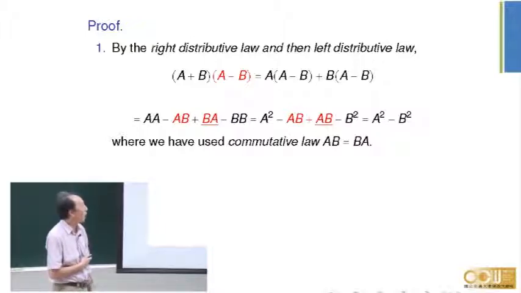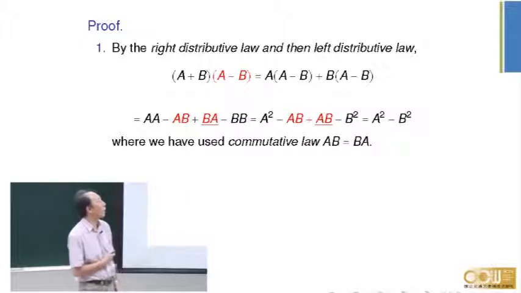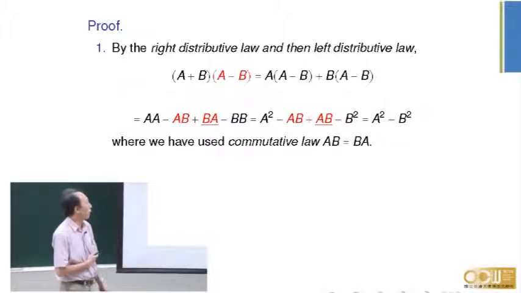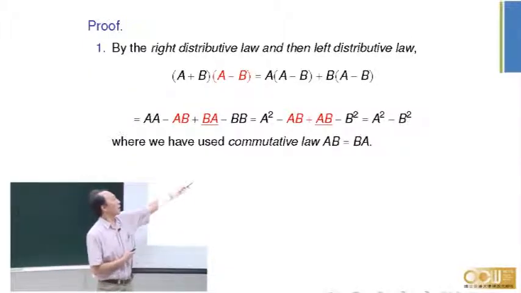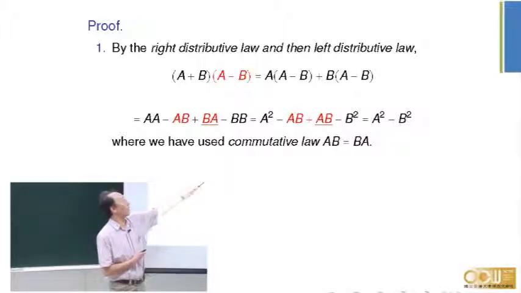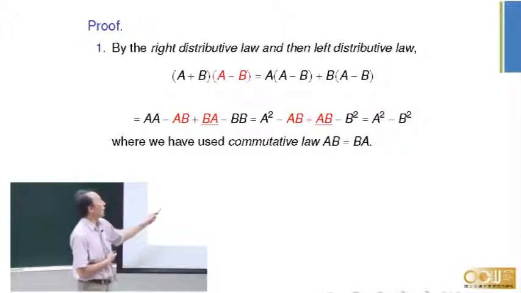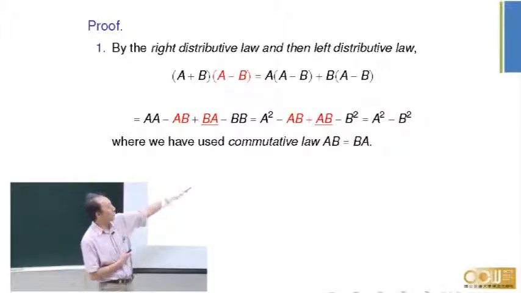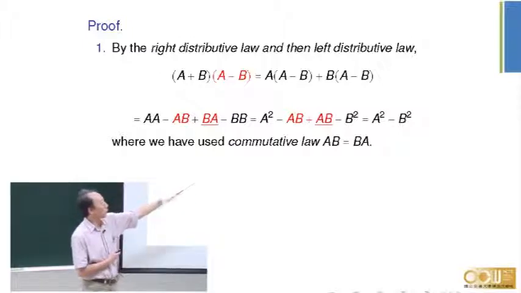And then we use the left distributive property on each individual term, which becomes a times this, a times that, minus a times b, plus, for the second one, b times a minus b times b.